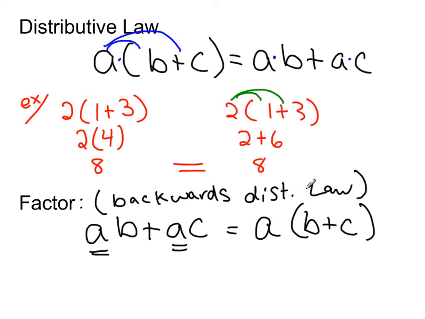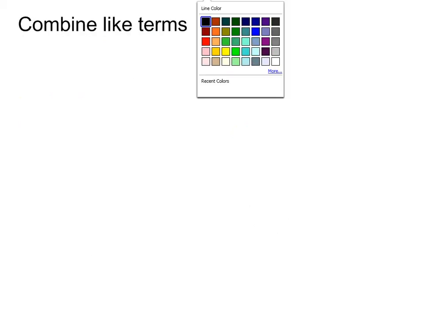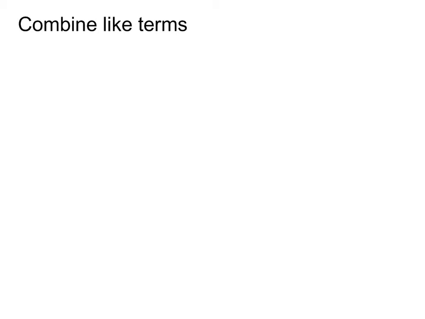Okay, so let's go back to that like term business. Distributive law does require us to be aware of it. So going back to those terms, let's combine like terms, because I said we couldn't combine B plus C, but let's talk about what we can combine.